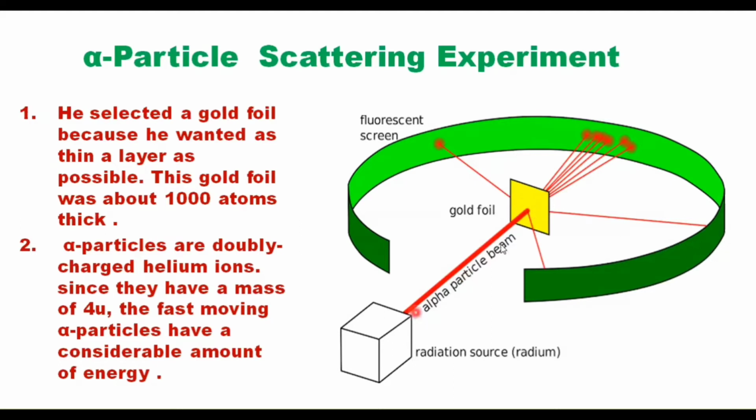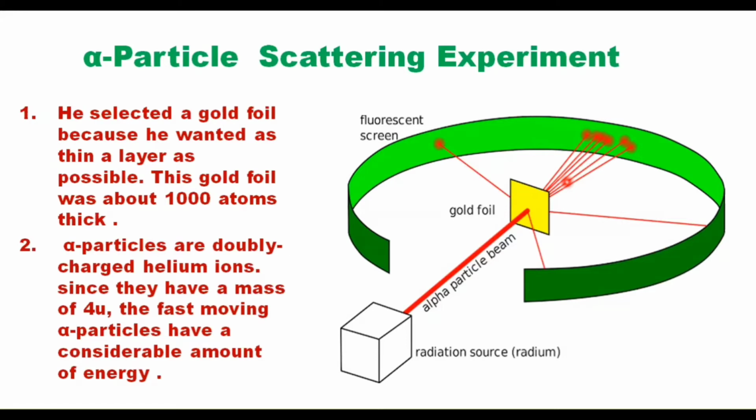As you can see here, alpha particle beam bombarding on the gold foil, and then studied the trajectory. Trajectory means different paths of the alpha particles moving. And in this way, he studied those different observations coming out of this experiment.